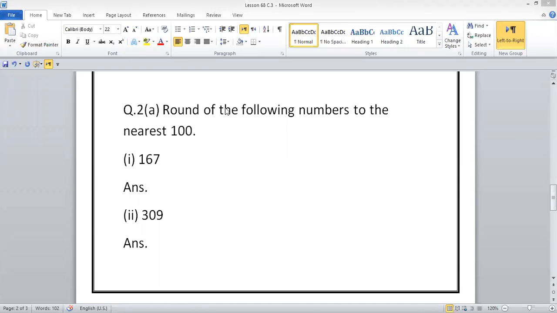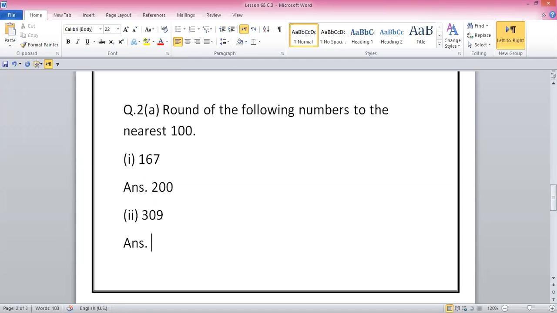When you round off the number to the nearest 100, again I repeat, you will check the hundreds place and underline it, that is 1, and then you will check the next number to that, that is 6. If that number is 5 or greater than 5, then you will add 1 on the hundreds place. This is 1. When I add 1 to 1, it will become 2 because 6 is greater than 5. The second step is, after the hundreds place, write the other 2 digits as 0. So it will become 200.